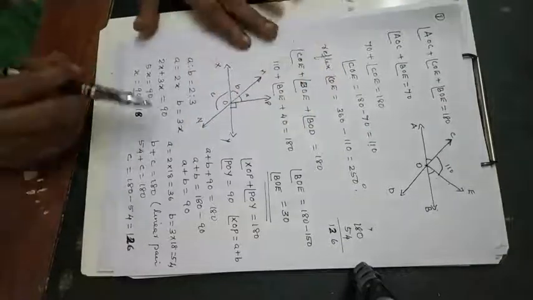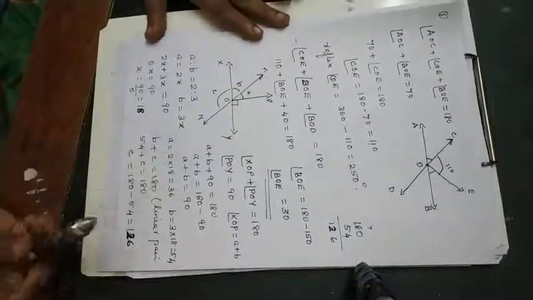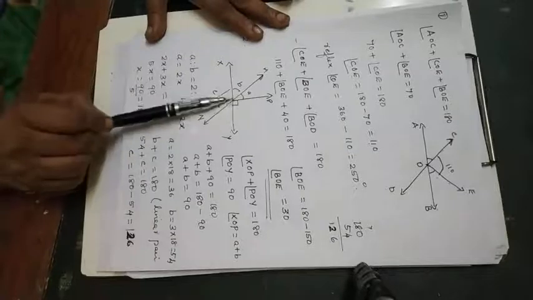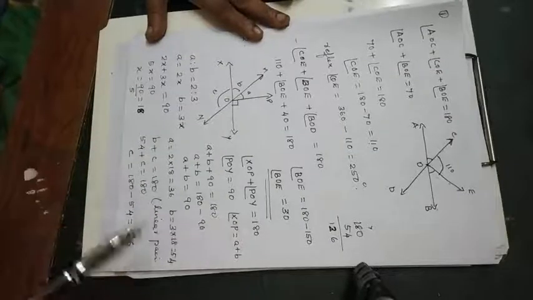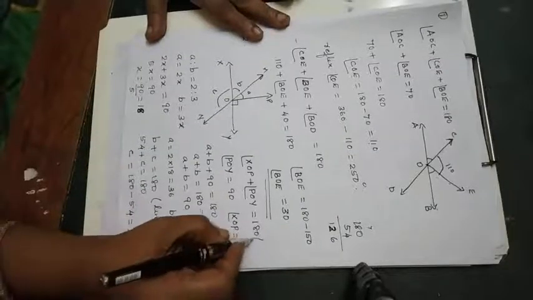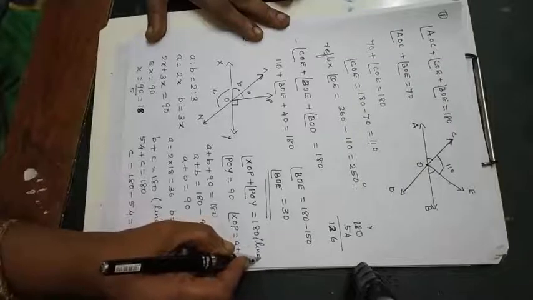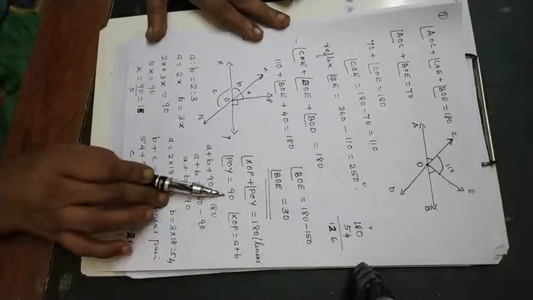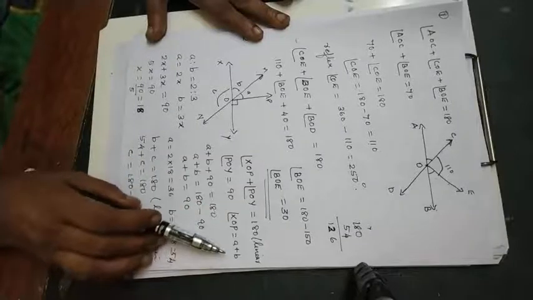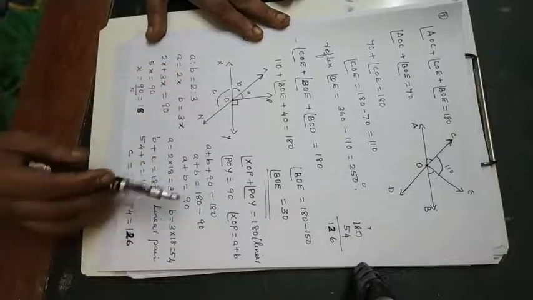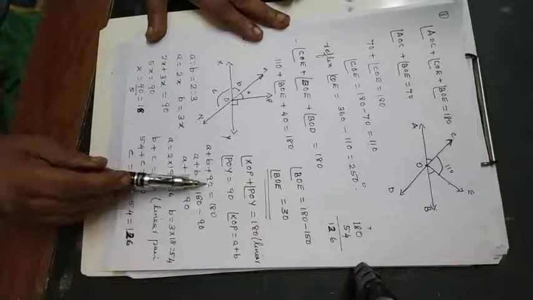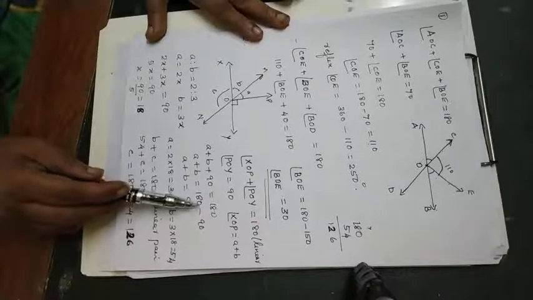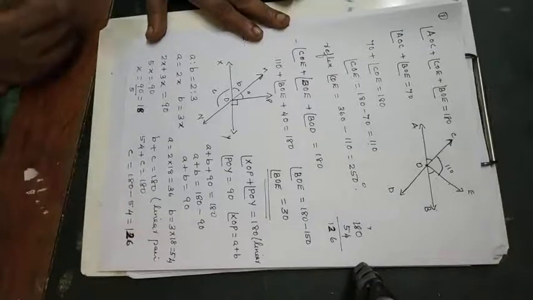So how have we solved that one? First we started with XOP plus POY is equal to 180 degrees, that you can write as linear pair. Now POY is equal to 90, it is given. XOP will be equal to A plus B. So A plus B plus 90 is equal to 180, or A plus B is equal to 180 minus 90, 90.